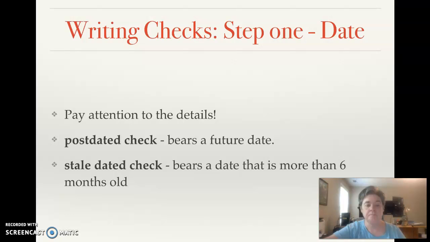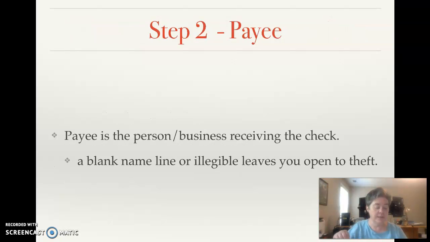Step 2 is to put the payee on the line. It says pay to the order of and then a blank, and you need to write the name of the person or the business receiving the check. Do not ever leave that line blank. Don't let them fill it in.